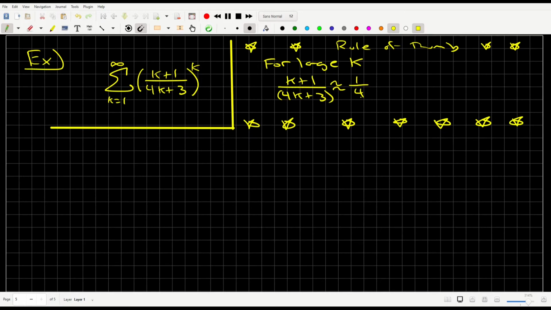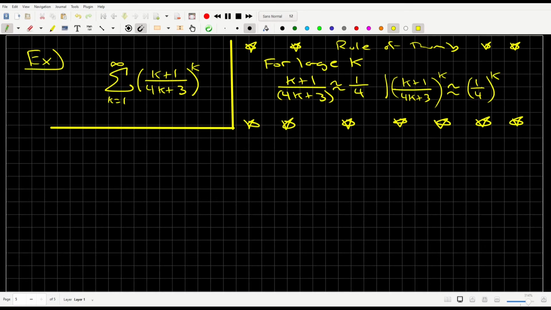So what that means is that for large values of k, our terms, k plus 1 over 4k plus 3 to the k, are very close to, approximately equal to, 1/4 to the k. And we know that the infinite sum of 1/4 to the k converges very nicely. It's the geometric series with r less than 1.